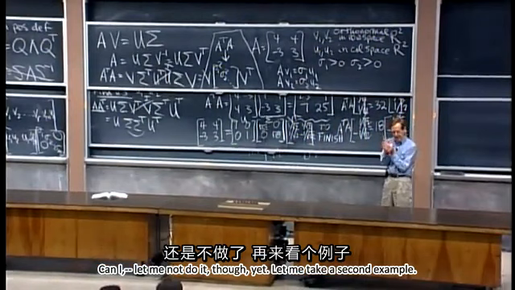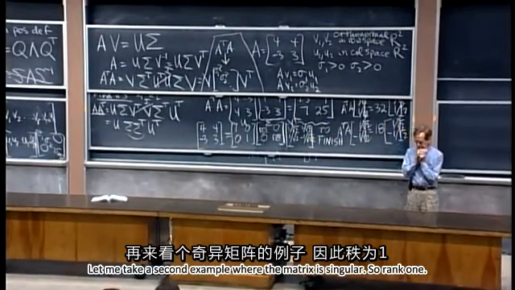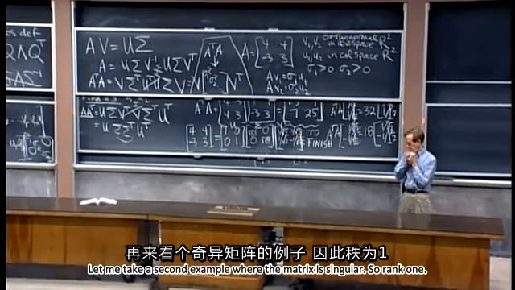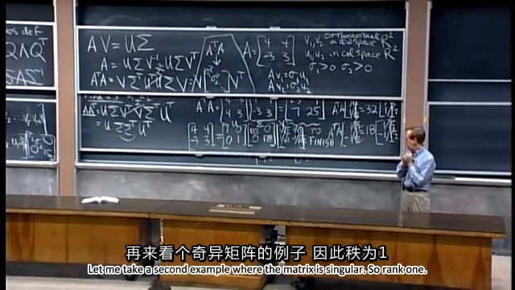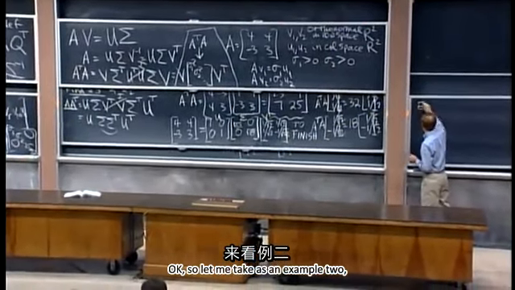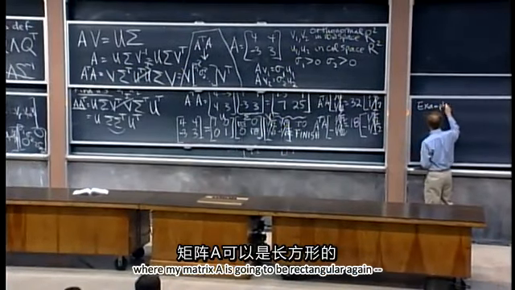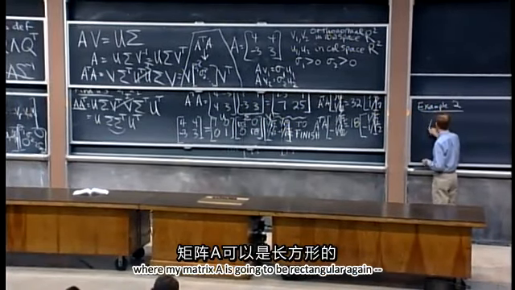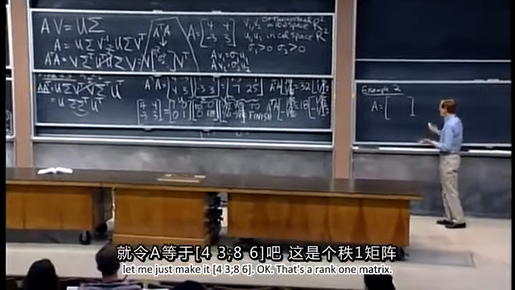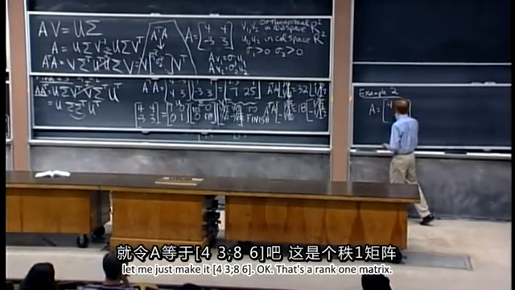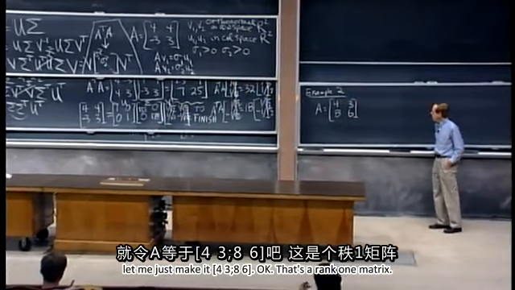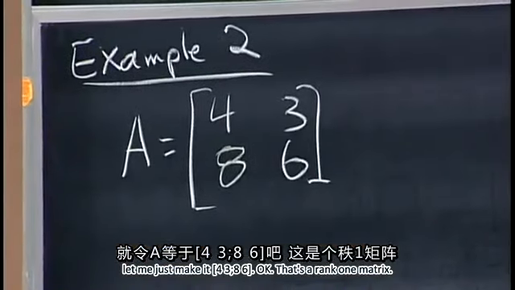Let me take a second example where the matrix is singular. So rank 1. Okay. So let me take as an example 2, where my matrix A is going to be rectangular again. Let me just make it 4, 3, 8, 6. Okay, that's a rank 1 matrix.